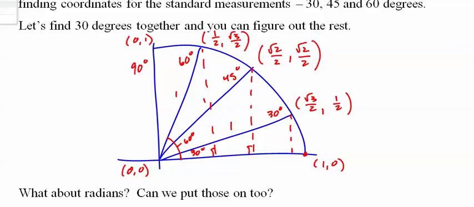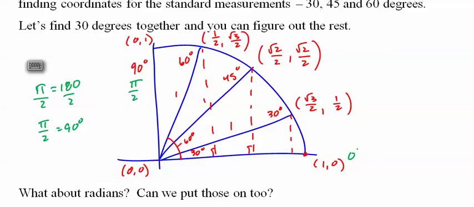Now, I'd like to put radians on there too. I know that pi equals 180 degrees. So pi over 2 equals 90 degrees. Hey look, 90 degrees, so I can label the radians, pi over 2. This is clearly 0 radians, but it's also 0 degrees, 360 degrees, because we're going to eventually go all the way around the circle.